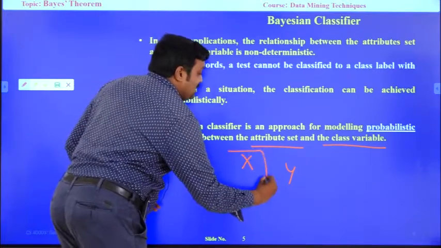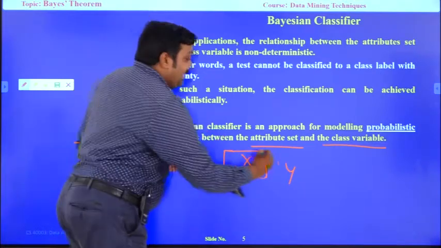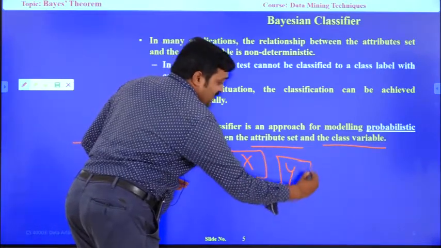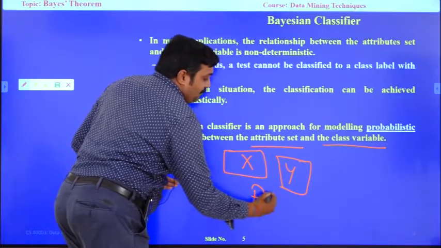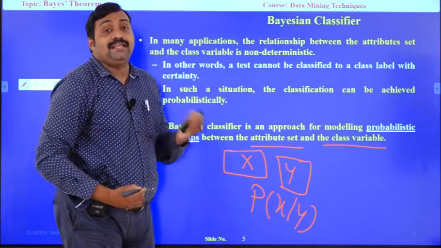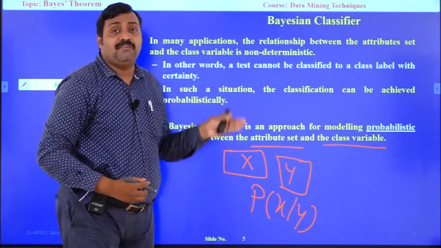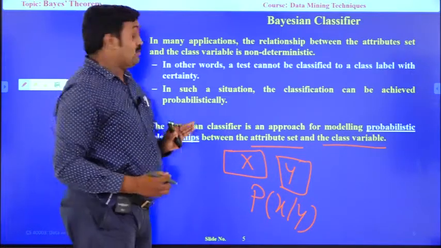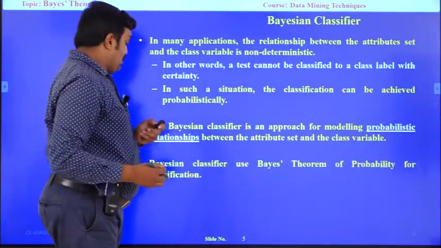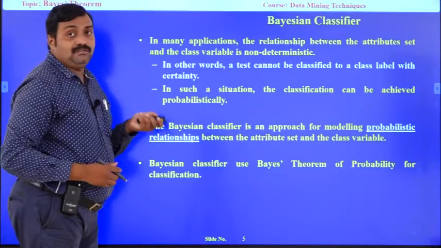We make a relation between x and y with a probability P of y given x. That means what is the chance of getting y based on the independent variable x. Okay. Now, the Bayes classifier is purely based on Bayes' theorem.